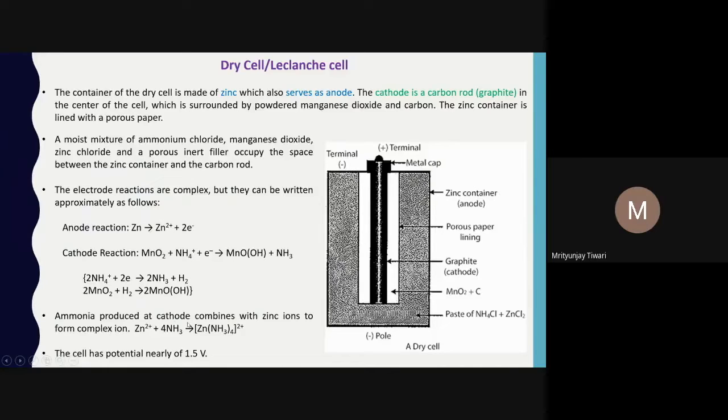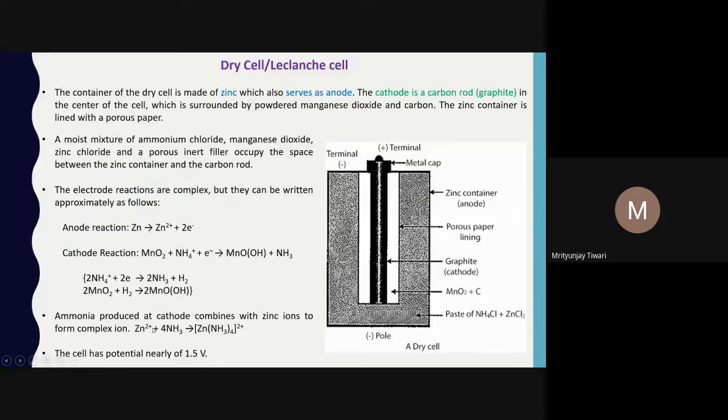So the ammonia produced at the cathode combines with the zinc ions that are formed at the anode to form a complex ion, Zn(NH3)4 2+, with net 2+ charge on this complex.